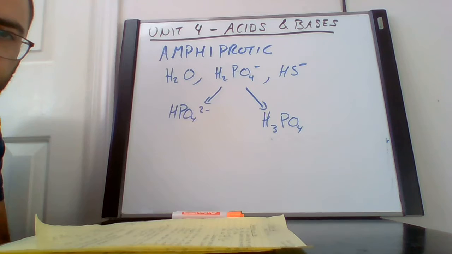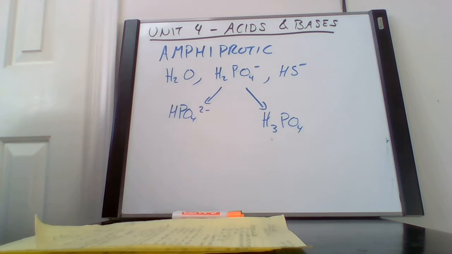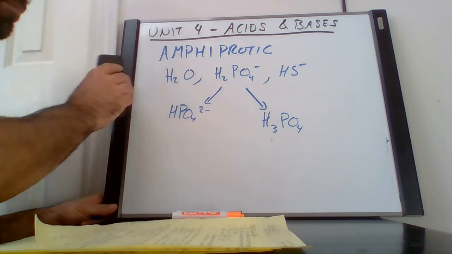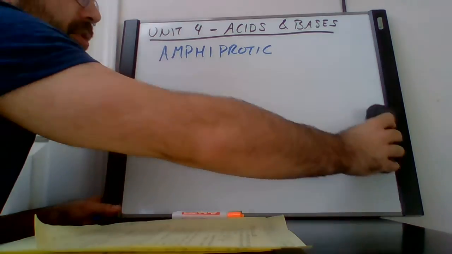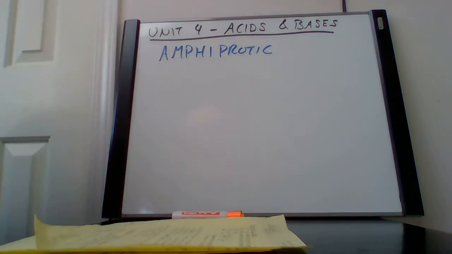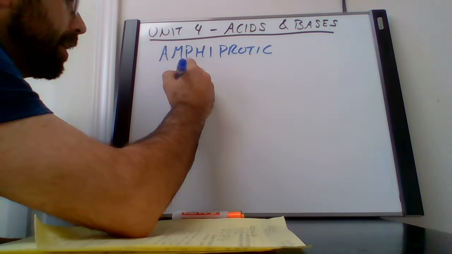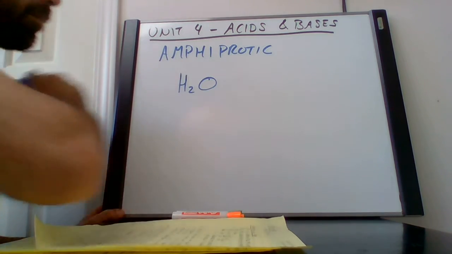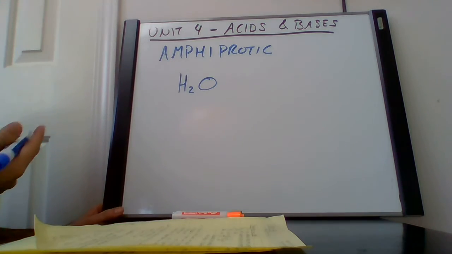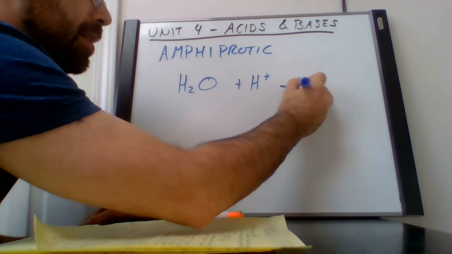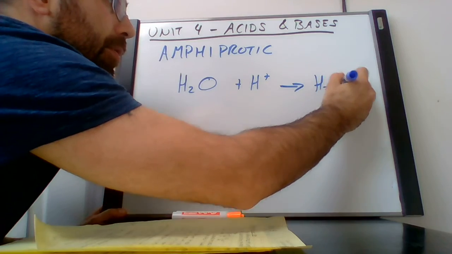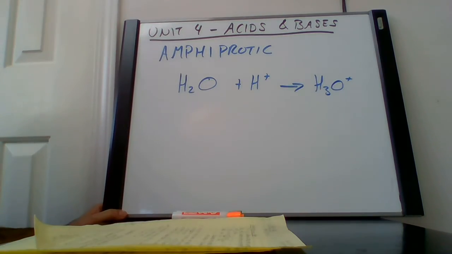Let's take a look though at water. Okay, water tends to be the most common amphiprotic system that we're dealing with, but also any of those di or triprotic acids, once they've donated a proton, they become amphiprotic. Now, if we're looking at water, okay, well, if we start off with water and we add a proton, well, this gives us that H3O plus, okay, the hydronium ion.